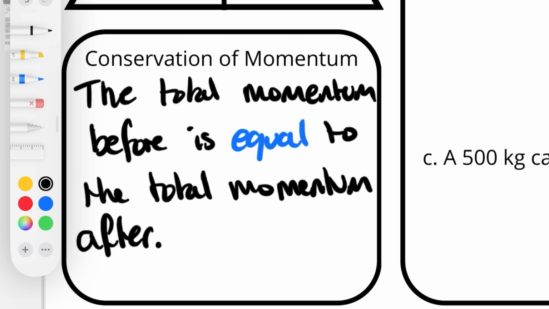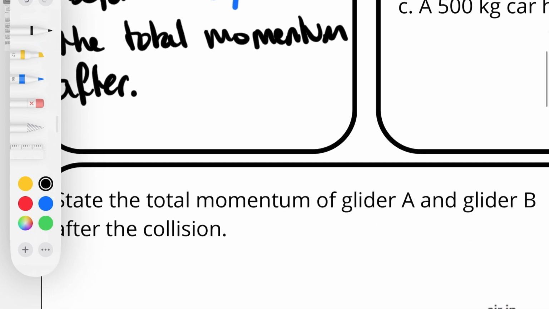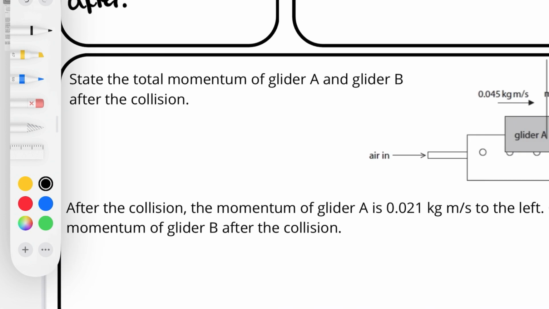So if we think about our rugby players, NFL players, the total momentum of player A and player B before they hit each other is equal to the total momentum after they hit each other. Momentum is always conserved. So what that looks like in an actual exam question is this below.